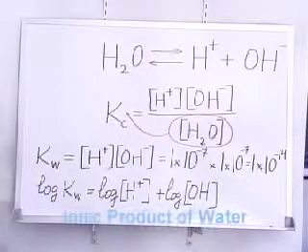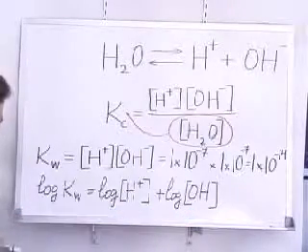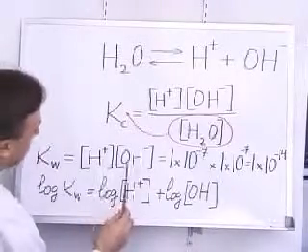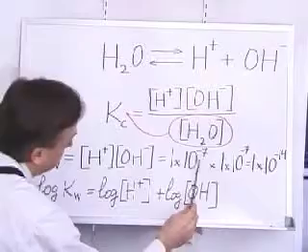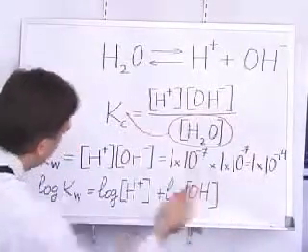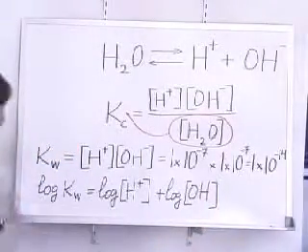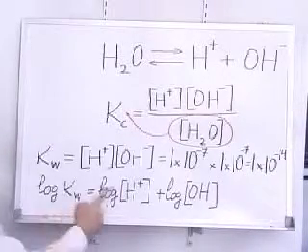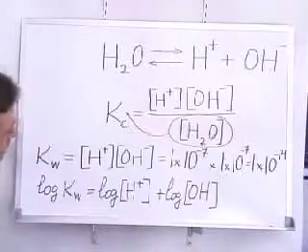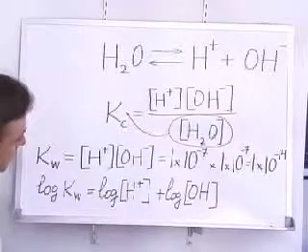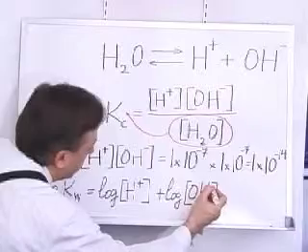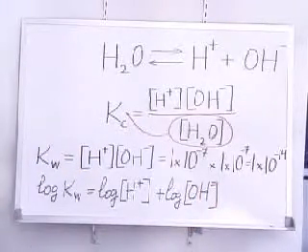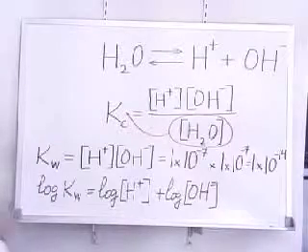This is the so-called ionic product of water, and as we already mentioned, the molarities of the protons and the hydroxide ions are both 1 times 10 to the minus 7th. Then we may take the logarithm of the ionic product of water, which will be the sum of the logarithms of the concentration of the protons and the hydroxide ions. Now, of course, we can multiply both sides by minus 1.